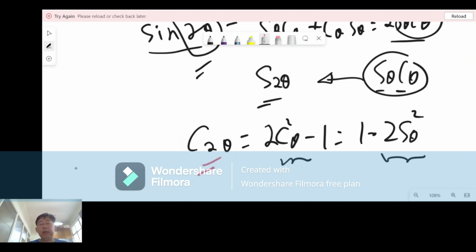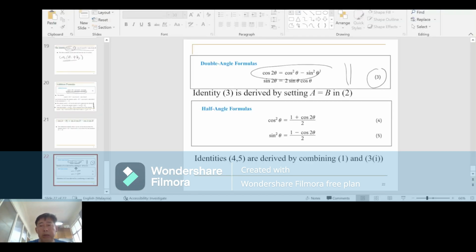Cos 2 theta is a much simpler trigonometric function than the square of a cos and the square of a sine. So again, the identity number 3 allows you to relate the square of a cos or sine with a trigonometric function of cos of 2 times the angle, which is easier than the square of the single angle. And this relationship allows you to relate the product of cos theta and sine theta into a single function of just sine 2 theta.